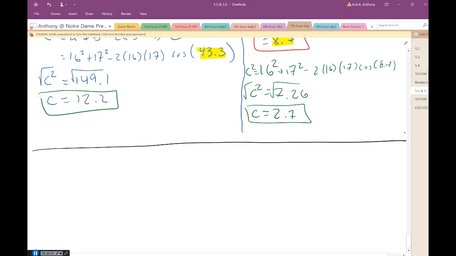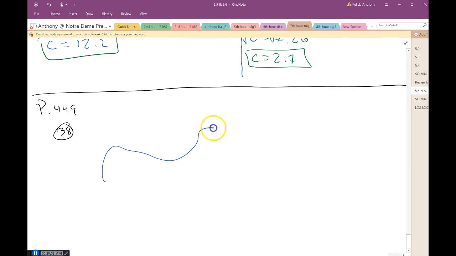Sure. So this is from page 449, number 38. It says, Tony must find the distance from A to B on opposite sides of a lake. He locates a point C that is 860 feet from A and 175 feet from B. He measures the angle of C to be 78. Find the distance of AB. So you're going to get to see some stellar looking artwork from this guy.